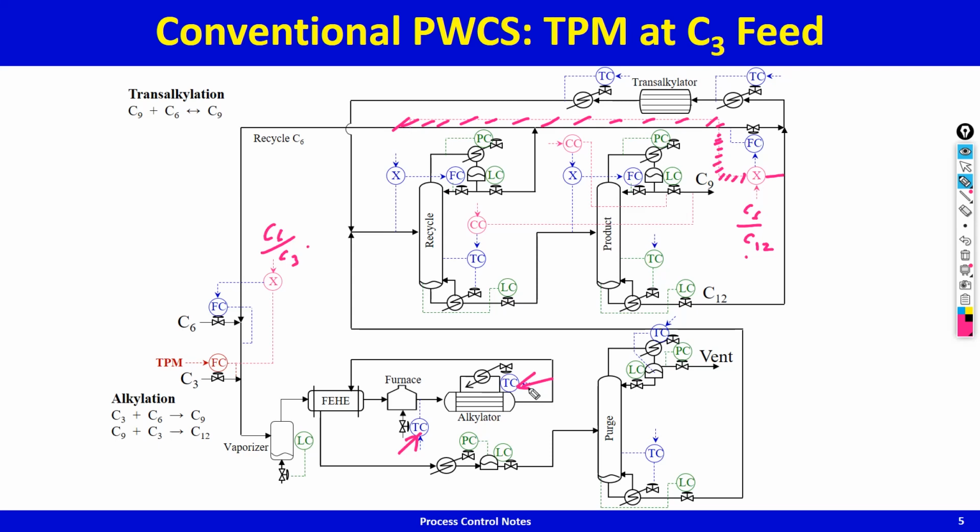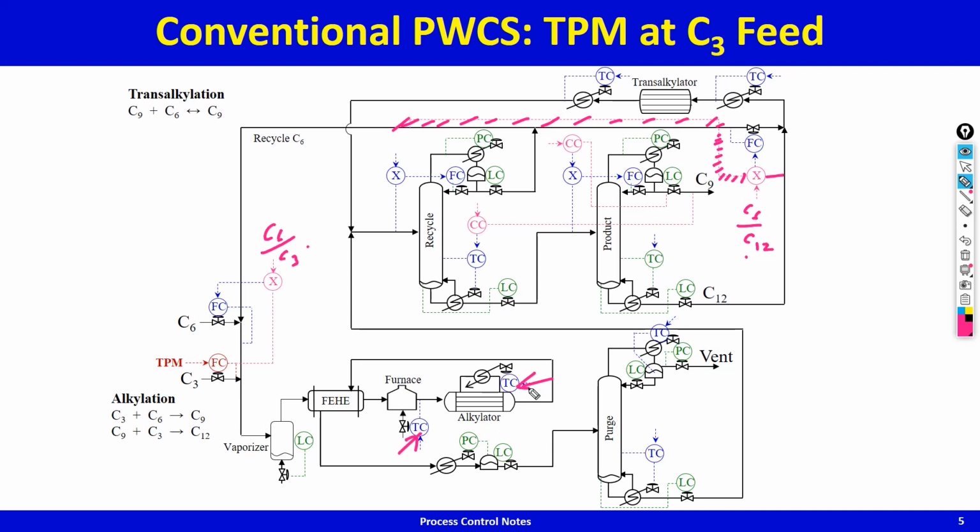It could be that, because when the catalyst is new, C12 rates are low, but as the catalyst degrades, the C12 rates start going high compared to the C9 that gets formed, and or maybe the transalkylator catalyst is degrading, and so its conversion goes down with time, or maybe a combination of both.